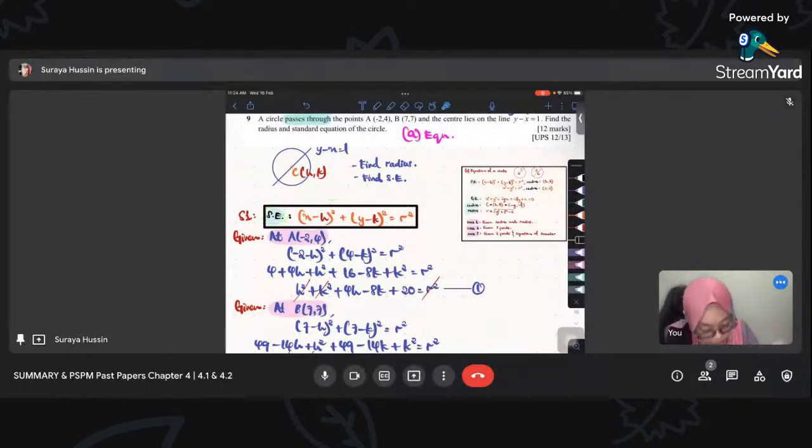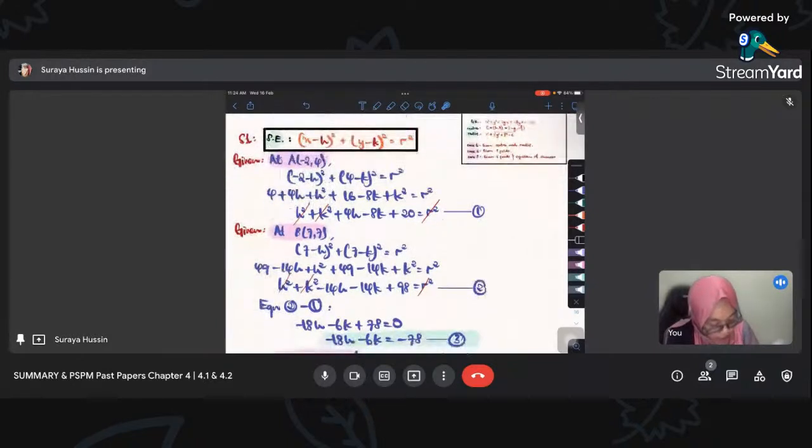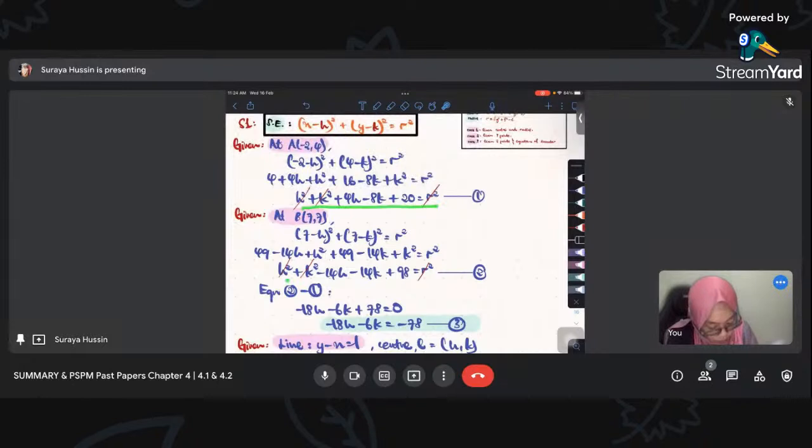What matters is that it's the same: you substitute point A and point B into the equation of circle, because the circle passes through those points. Passes through means melalui. So you can put the points into the equation of circle, and you will get two equations here.